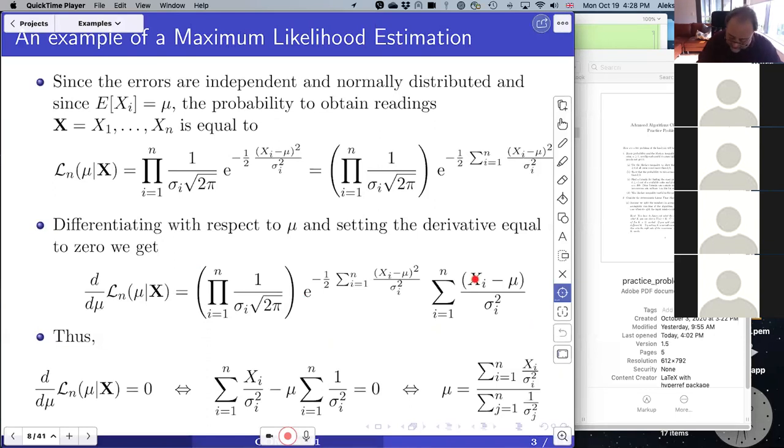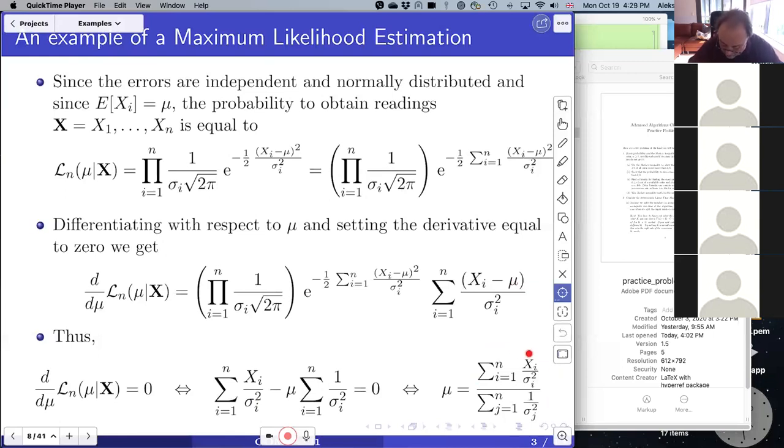But you can break this apart. This is the sum of xi divided by sigma i squared, minus mu. I can take out mu and sum just the reciprocals of sigma i squared. So this is what I get. And in solving that, I get that the most likely mu is exactly what I told you with the story with the voltmeters.